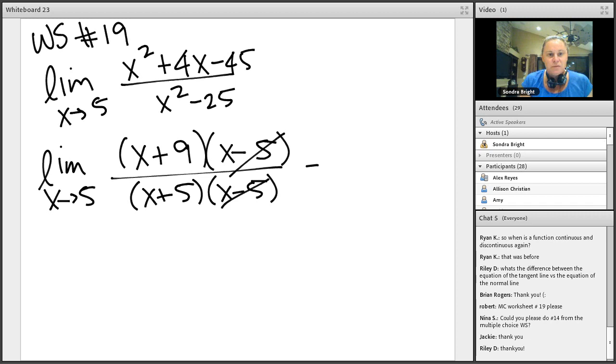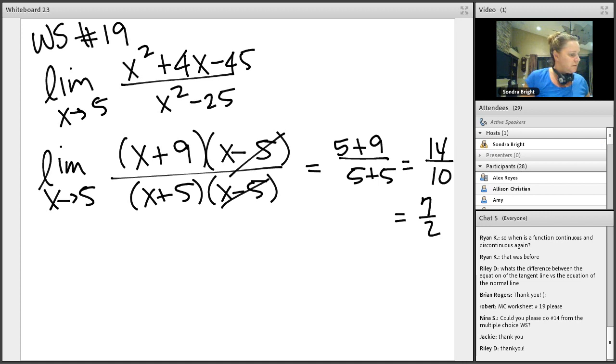So this is equal to 5 plus 9 over 5 plus 5, which is 14 over 10, which reduces to 7/2. Did I make a mistake? Yeah, I made a mistake. 7/5, not 7/2. 10 divided by 2 is 5. There you go. So that's 19. Factor, simplify, and that'll get you there.